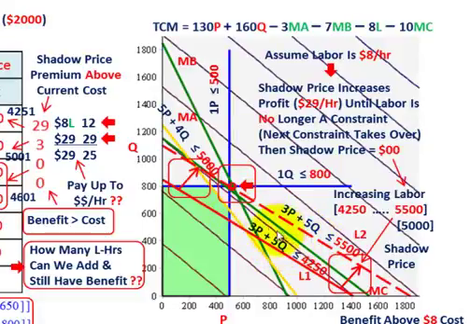All right, so not to confuse the issue, this graph assumes that our labor was sitting at $8 an hour. So to sum it up, the shadow price increases the profit at $29 per hour until labor is no longer a constraint. Then the next constraint takes over, and the shadow price on our labor becomes zero.